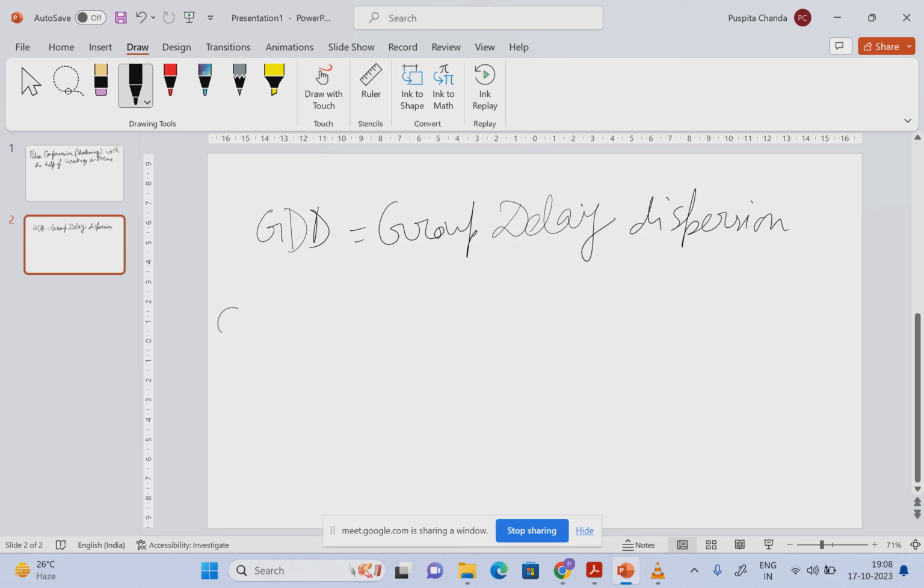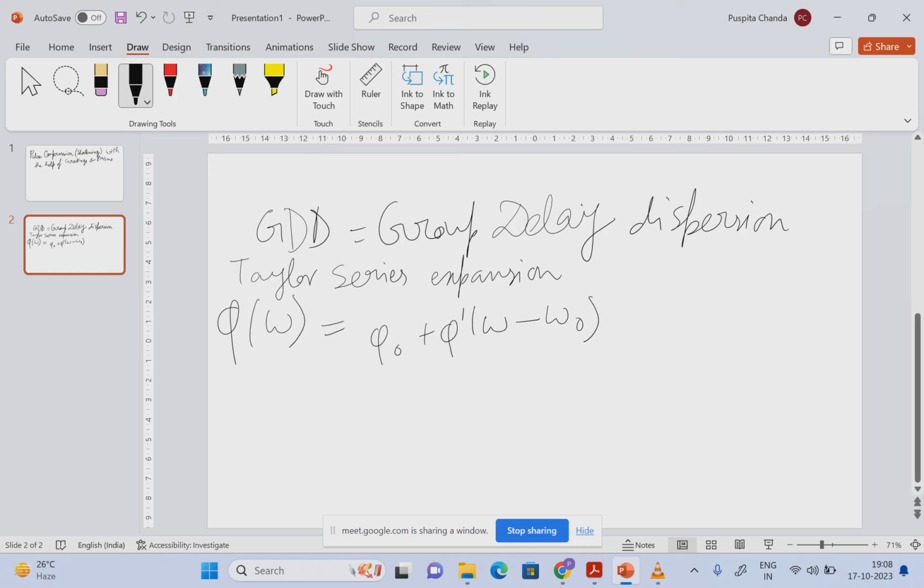So we know phase depends on frequency. So if we do a Taylor series expansion of this phi, we get phi naught plus phi dash, the first order of phi, times omega minus omega naught, plus phi double dash times omega minus omega naught squared by 2 factorial, and so on.